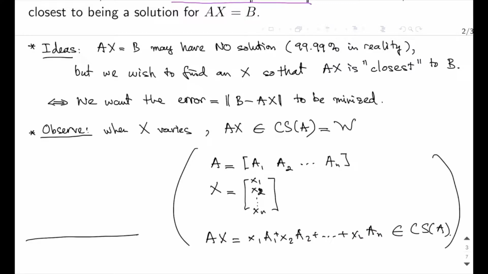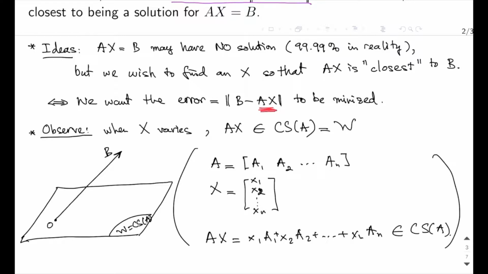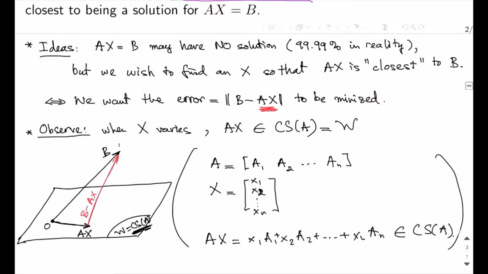In 3 dimensions, we can visualize W as a plane passing through the origin. We are searching for a vector so that the difference between b and that vector is smallest, and the vector we are searching for is in the column space of A. Intuitively, that should be where you have the orthogonality.